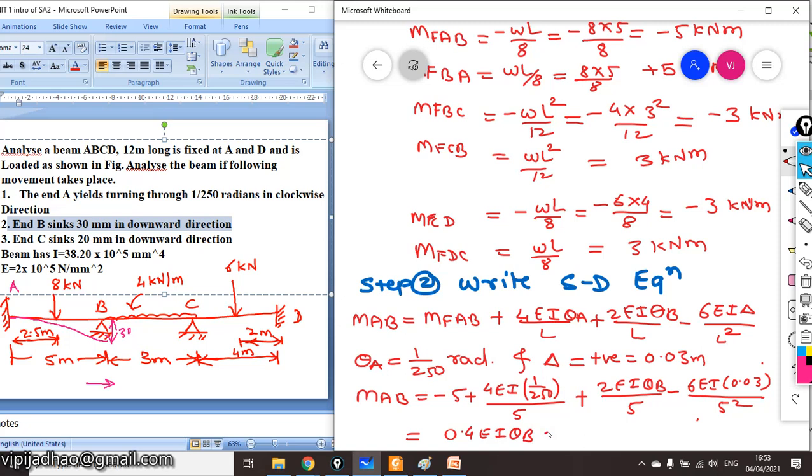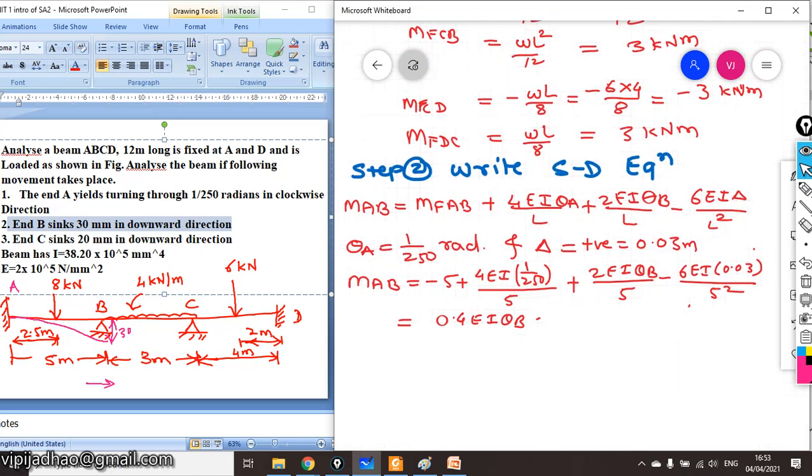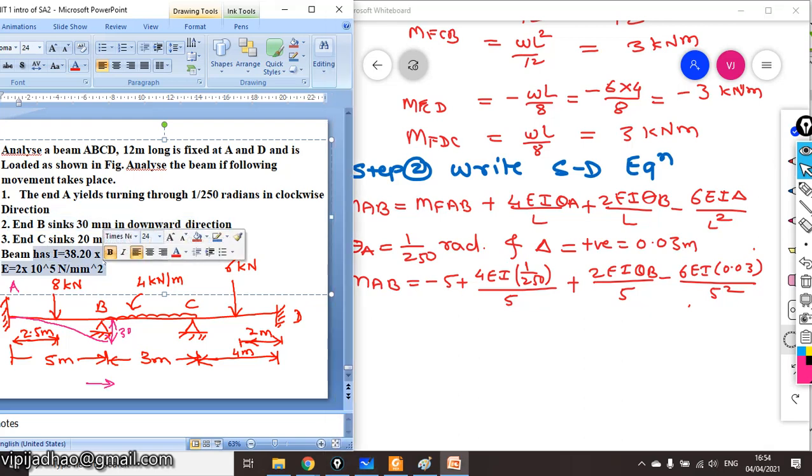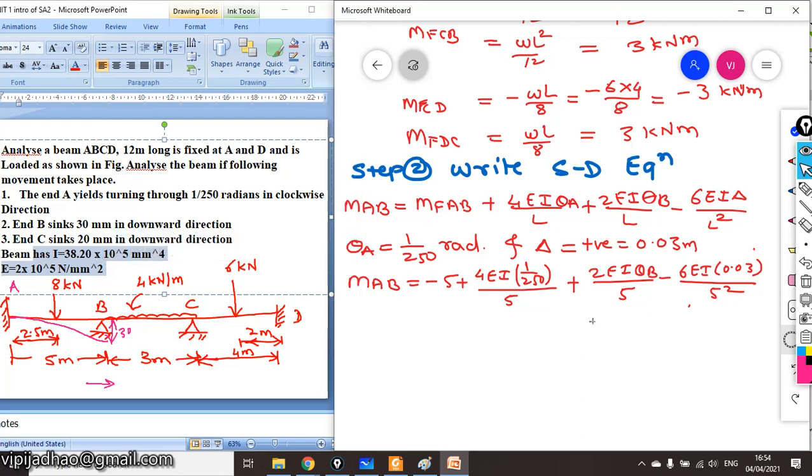0.4 EI theta B. Now you can see here this particular value, I'll calculate that in a separate line. Just a minute, I'll delete this, there is a small correction. Now you can see here we have been given the value of I and E. We have I is equal to 38.20 into 10 raised to power 5 mm to the power 4.